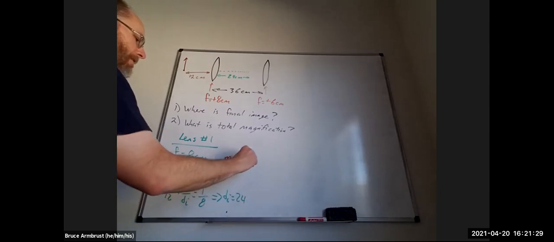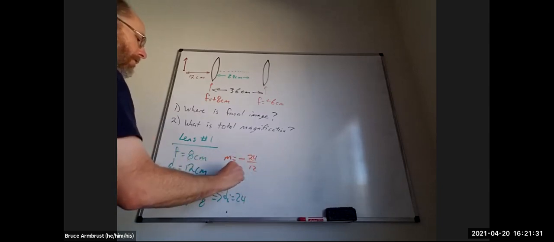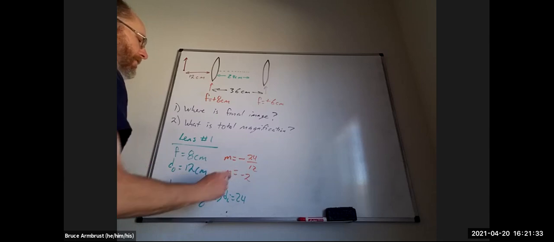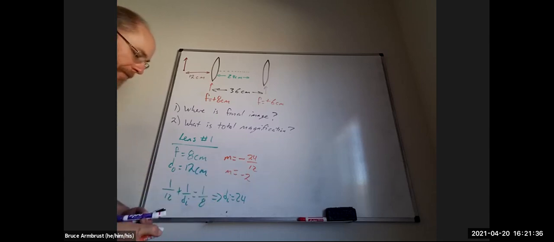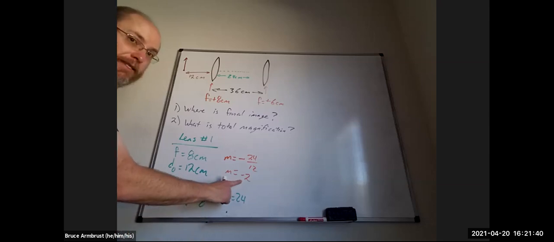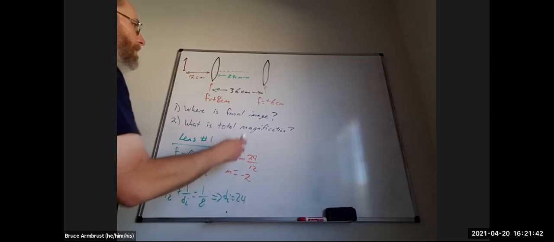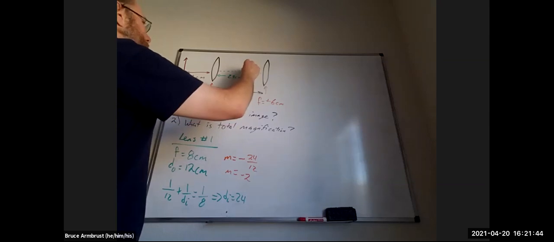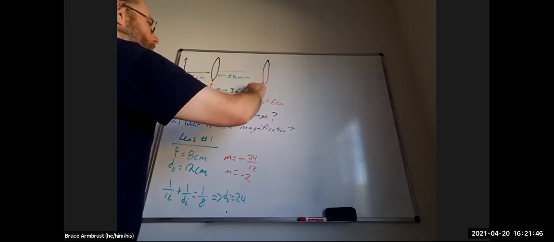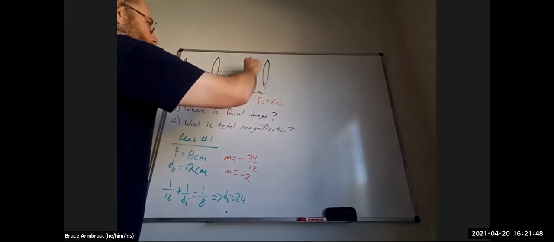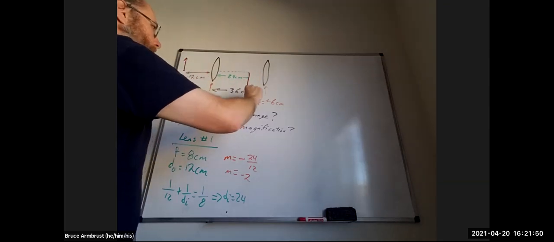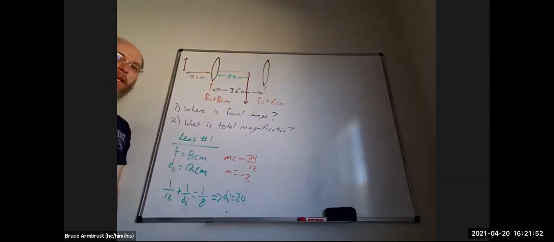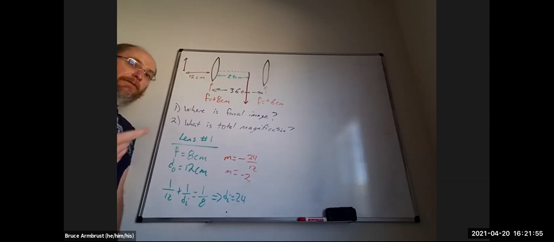So it's going to be minus 24 over 12 or -2. So that means that this image is going to be upside down because it's negative, and it's going to be twice as tall. So that's what it's going to look like after it passes through the first lens.